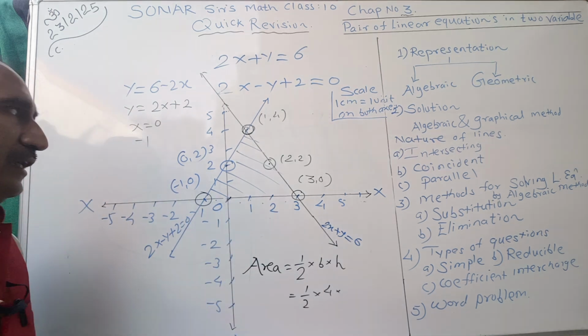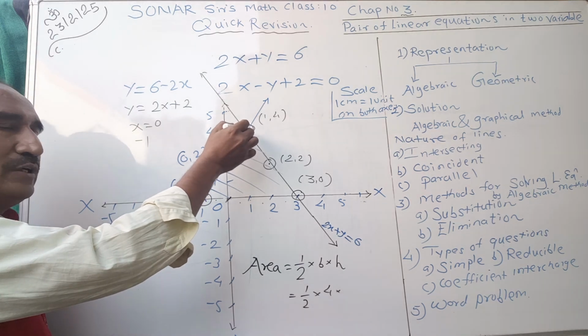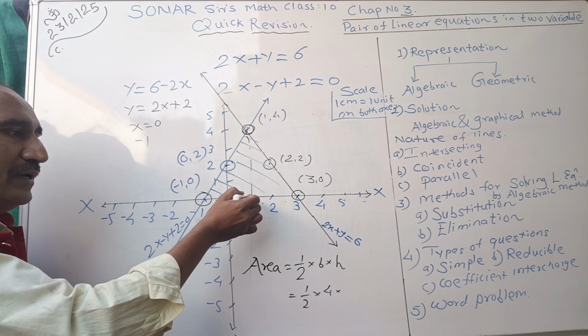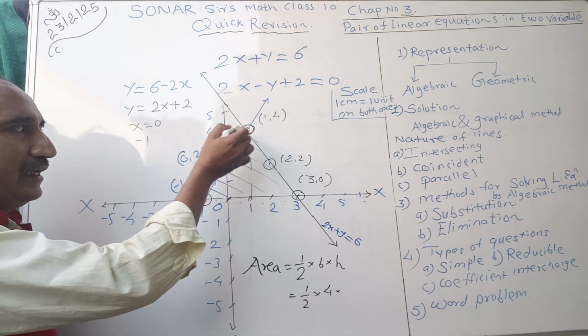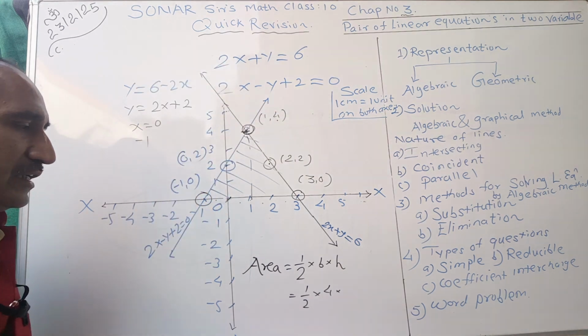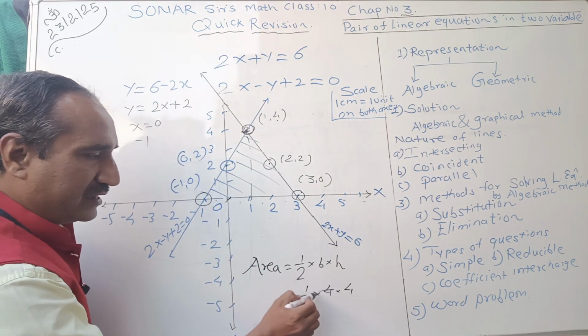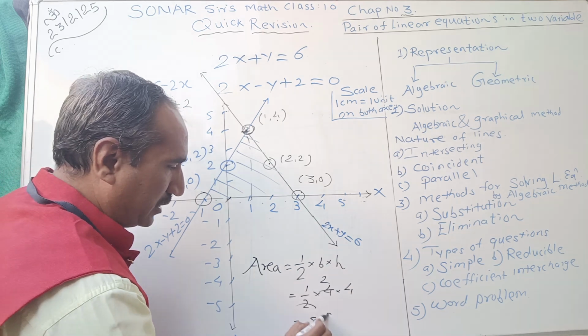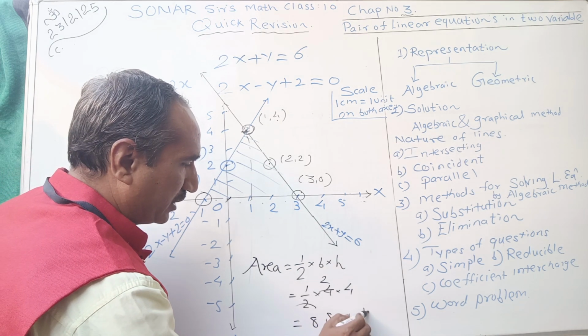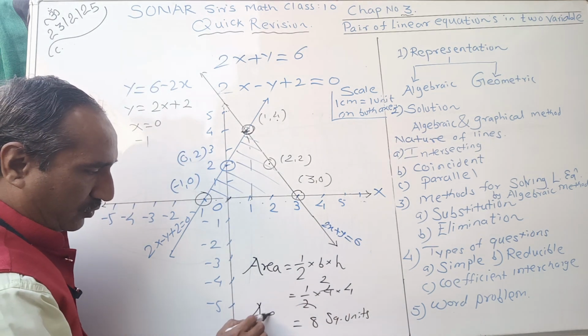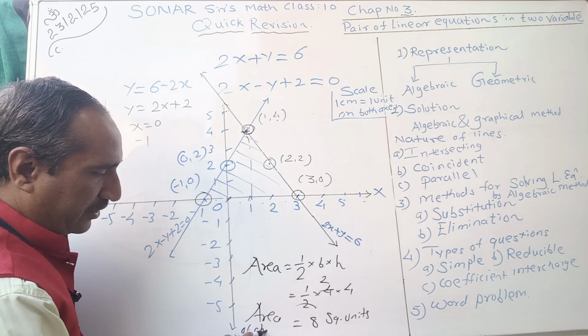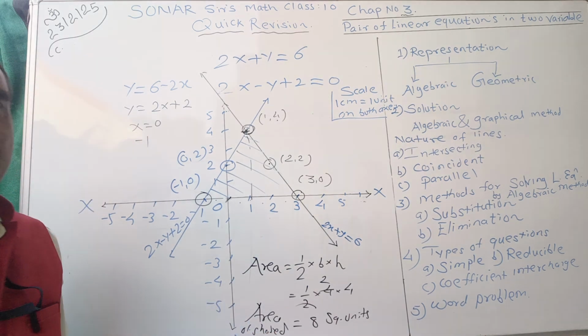And what about height? Height is the perpendicular drawn from the vertex to the base. So this is the height, that is the y coordinate, and the y coordinate is 4. Half into 4 into 4, answer is 8 square units. So the area of the shaded region is 8 square units.